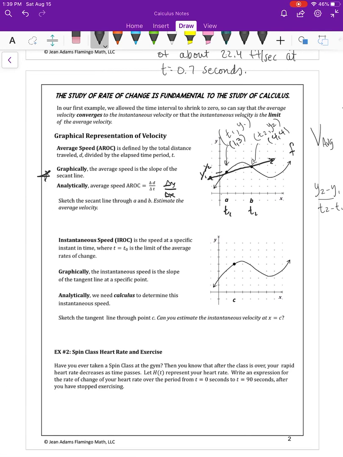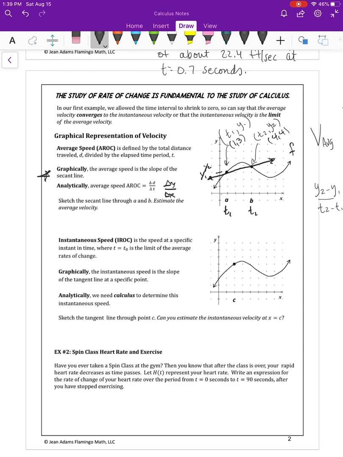And so then if we wanted to say, well, okay, that's good for the average speed, but what if I wanted it instantaneously right here? Instantaneous speed is the speed at a specific instant in time, where t equals t sub 0, and it is the limit of the average rates of change.